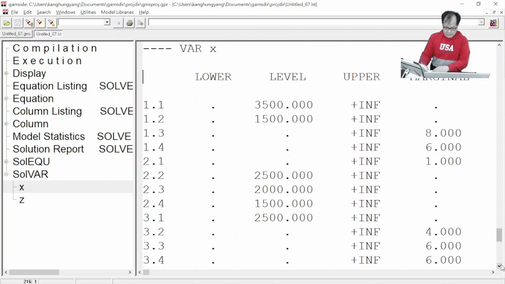So x11 equals 3,500, x12 is 1,500, x22 is 2,500, x23 is 2,000, x24 is 1,500, x31 is 2,500.